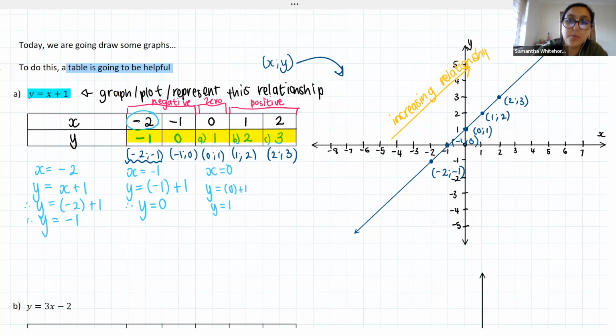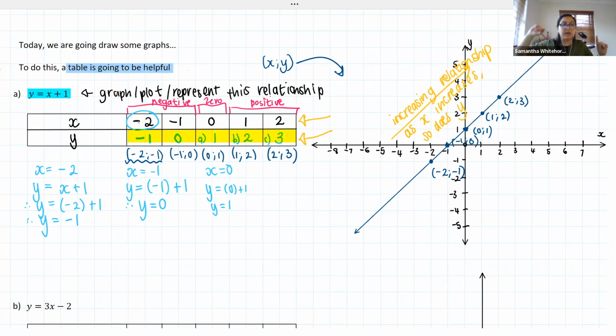And as I said, the whole point of you drawing a graph is to represent a relationship. By this line going up from left to right, we can see that as X increases, so does Y. So as these X values got bigger, so did the Y values.